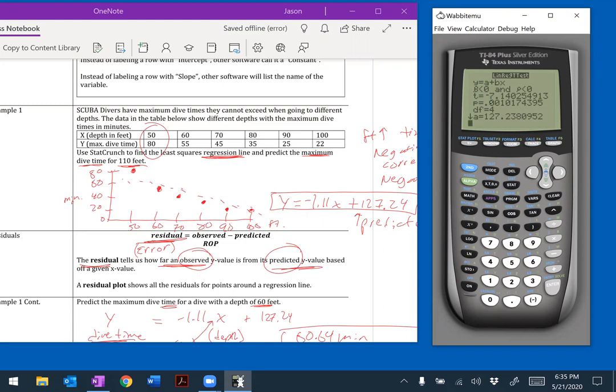We get a t-score of negative 7.14, and I get a p-value of 0.001. It also calculates my a and my b here. My b is my slope, negative 1.11, and my a is 127.23.